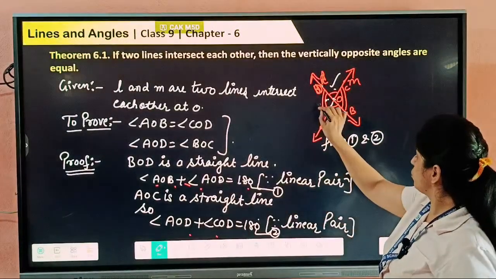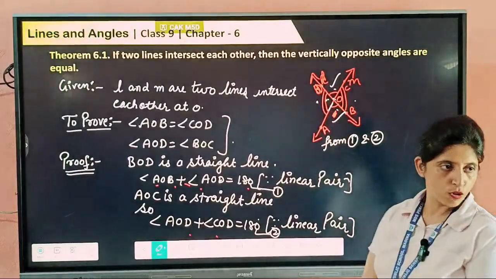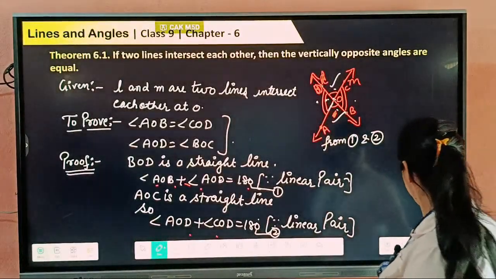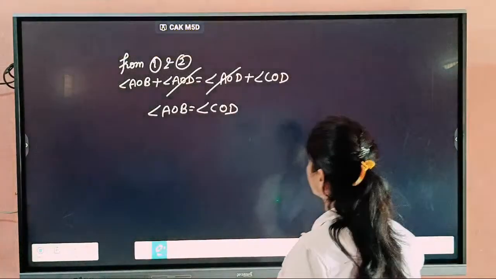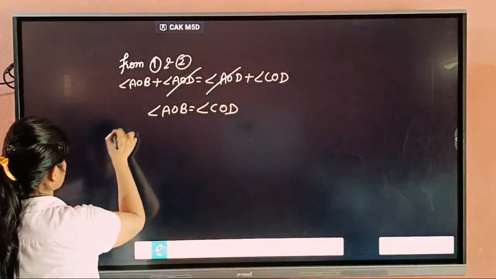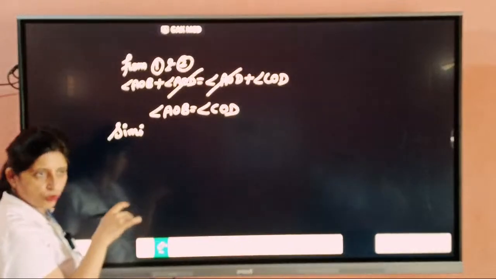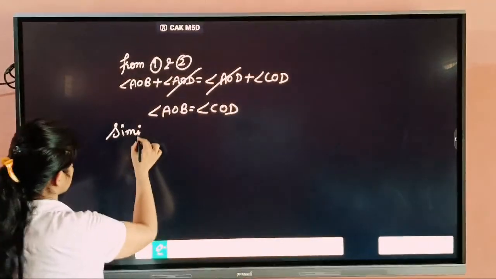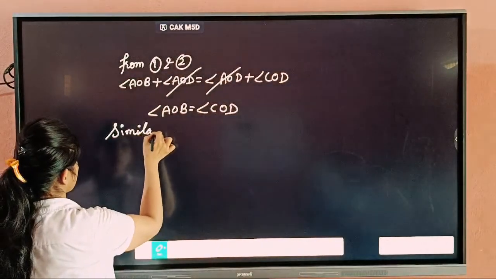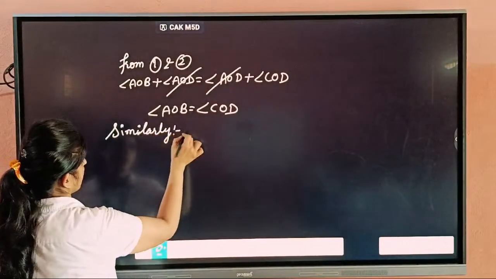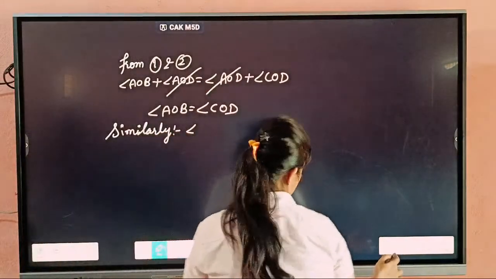Similarly, we can prove this angle and this angle also. In the same way, we will do. Similarly, no need to prove again. You can write like this. Similarly, which angle do we have to prove there?